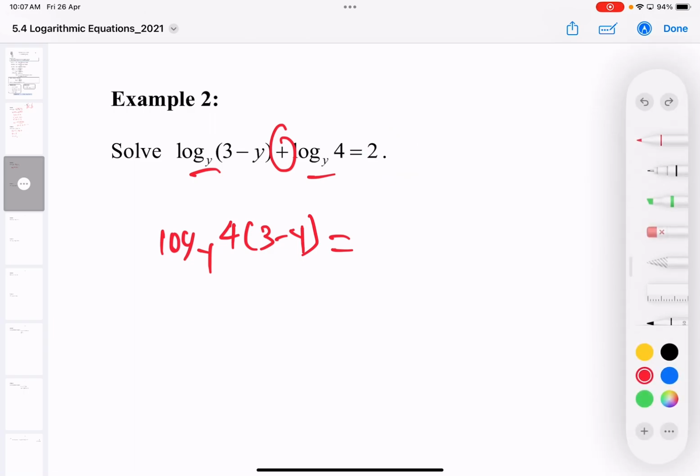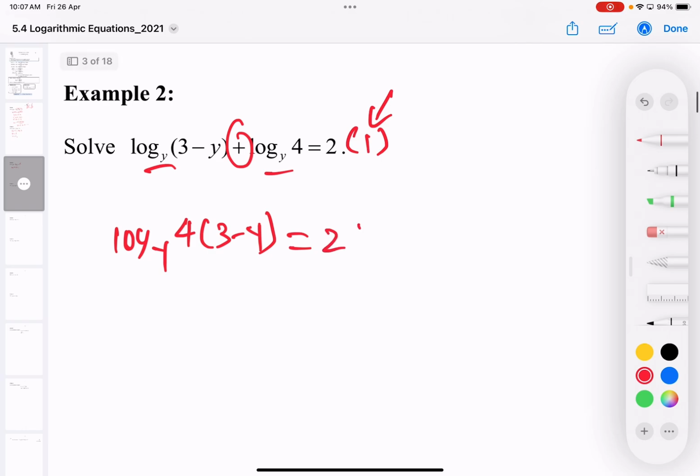Now, 2 is the same as 2 times 1. Correct? Now, in your not log laws, but in your special log forms that you have learned, that I told you, if you want it to be expressed as 1, how can we do so? I want it to be 2 base of y.